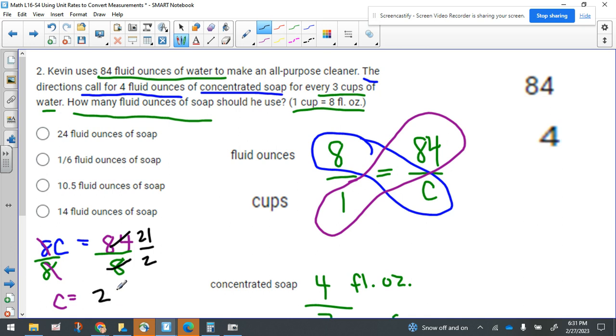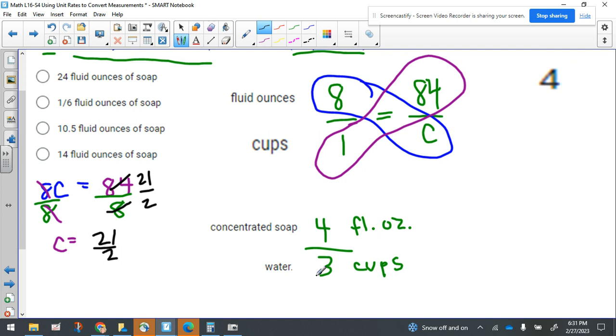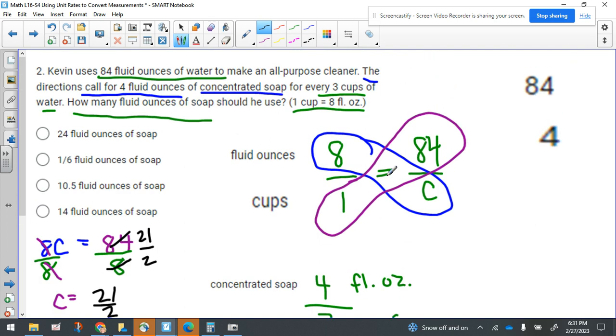Let's clean it up and put it again here. All right. Now, I'm just going to rewrite what this is equal to. I'll leave it as an improper fraction on purpose, just because I think it'll be more user-friendly. I'm going to rethink that as 21 halves cups of water to make an all-purpose cleaner.